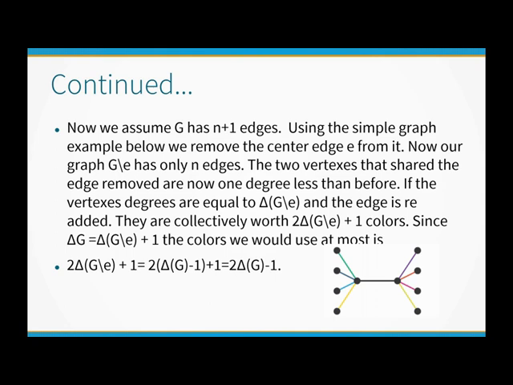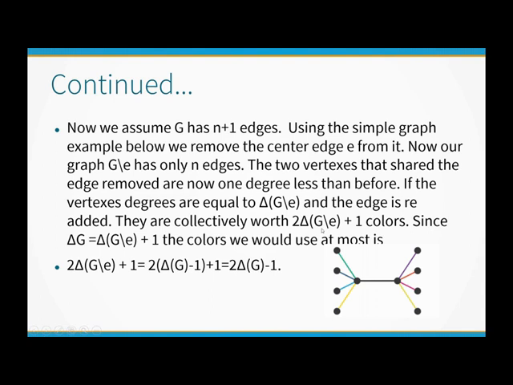So these two, and also these two nodes that we have at the bottom here, this one and that one, their degree is going to be equal to delta G with just the E edge removed. So collectively, the colors that we're going to have at that point is going to be 2 times the delta G with the E edge removed.